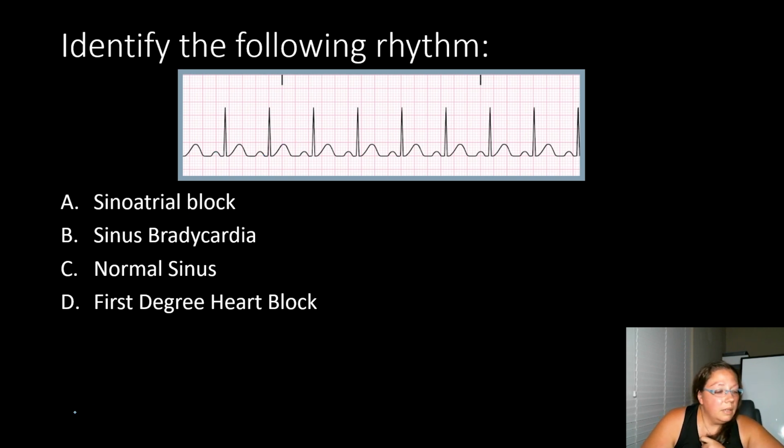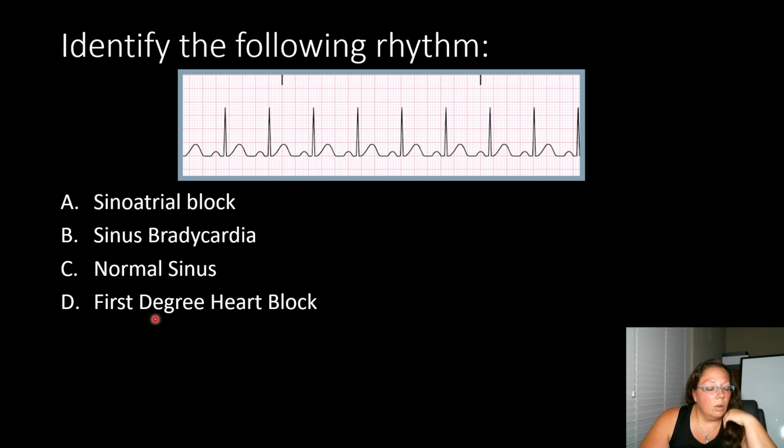Here's P waves, right? We've got P waves all the way down this strip. Do we have QRSs? Yep. Here's our QRSs. Does every P have a QRS? Yeah, it sure does look like that. All right. Does it look regular? Yes. If we were to march this out, it does look regular.